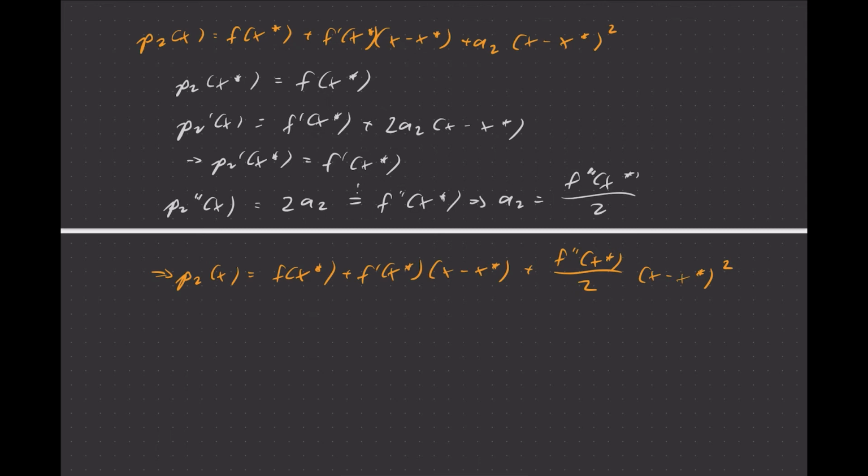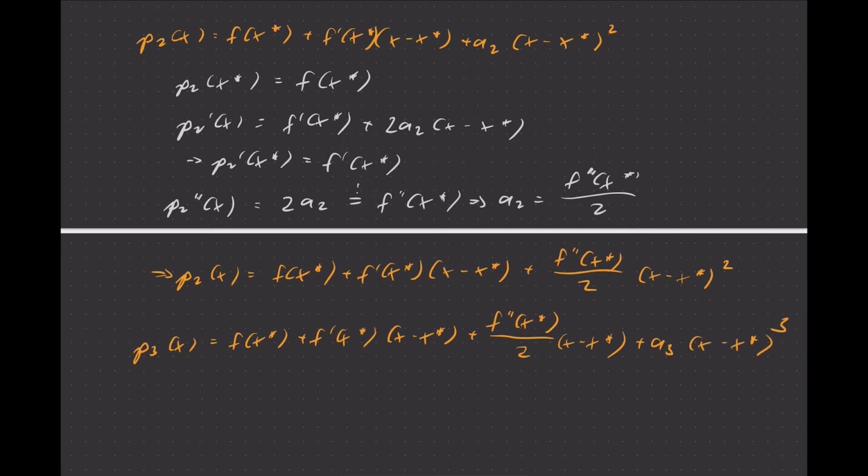And before we think about the general formula, let's do one more step here. Let's have a look at P3. And again, we just copy what we know already, and we can do this due to this centering technique. And then we add one more term, and that's going to be a3 times x minus x star to the third power.